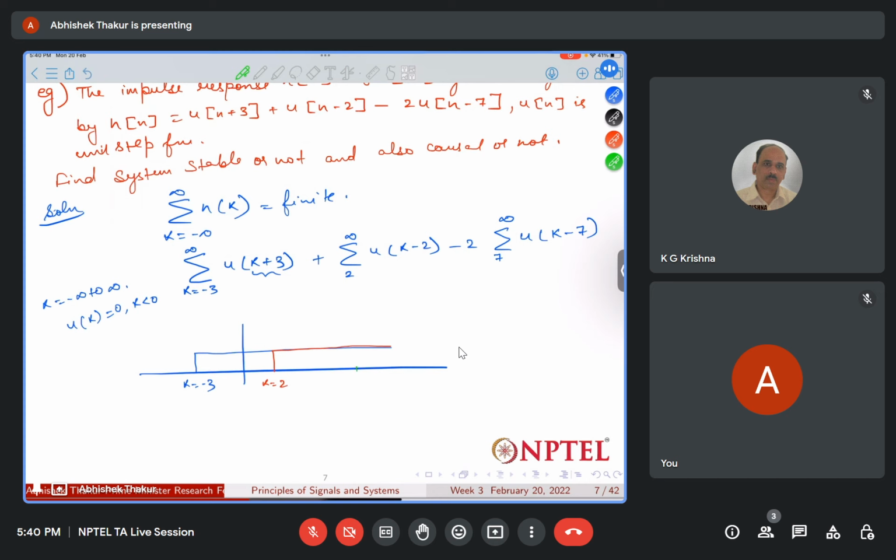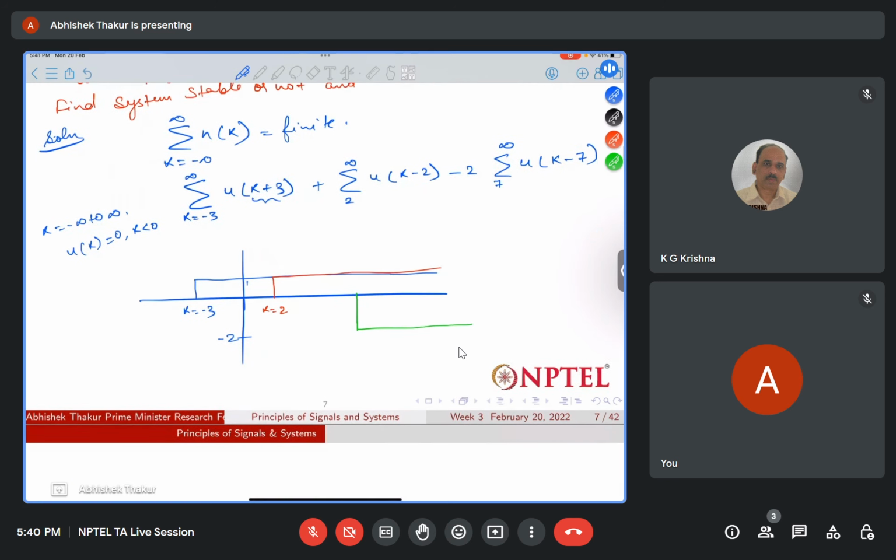So from k is equal to 7, it will just become minus 2 units downwards. So this is also going up to infinity. So here this is minus 2 and this is 1.